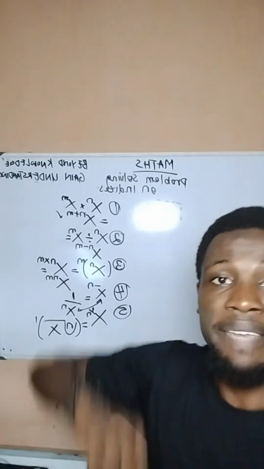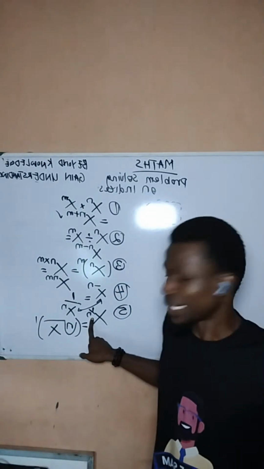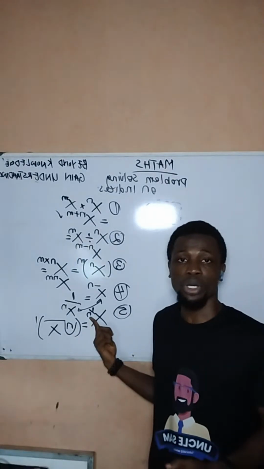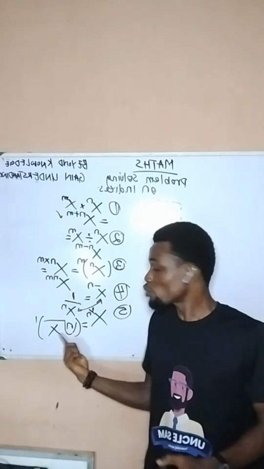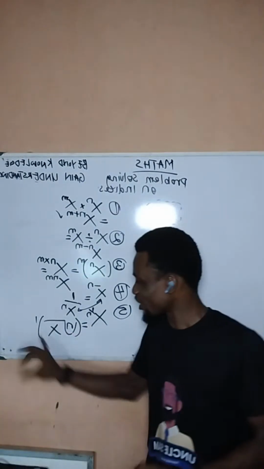So if you have a fractional power, in this case x to the power of 1 over n, the denominator of the power becomes the nth root of the base, and then all raised to the power of 1.